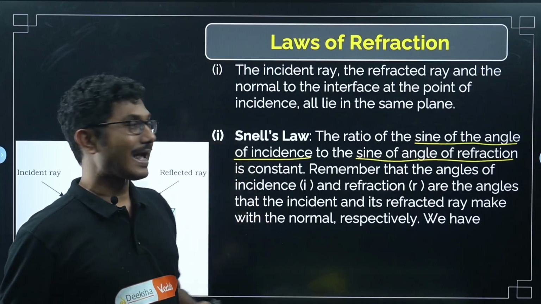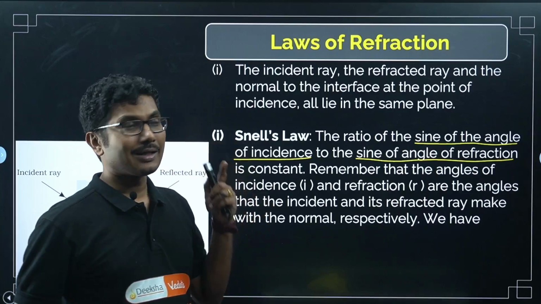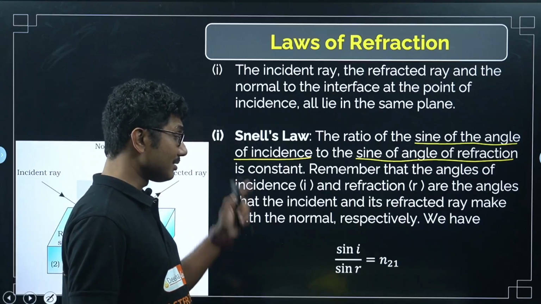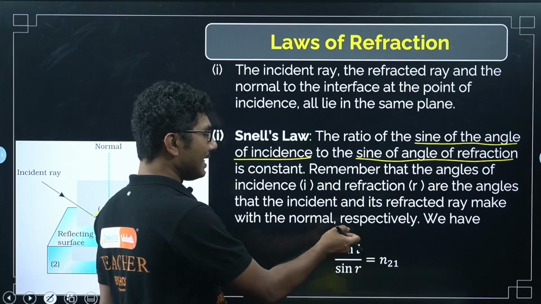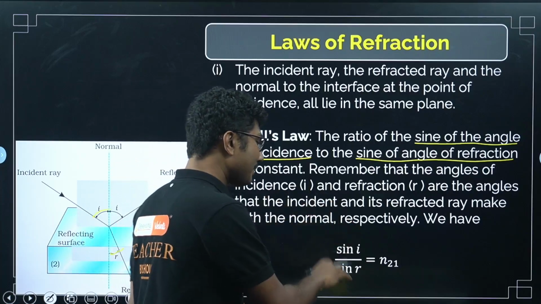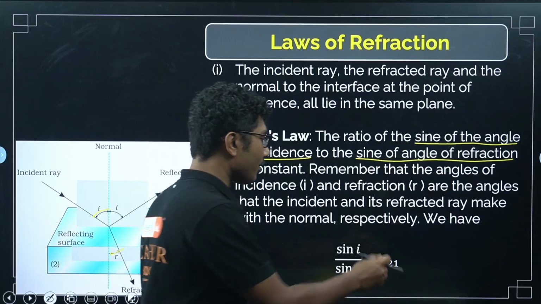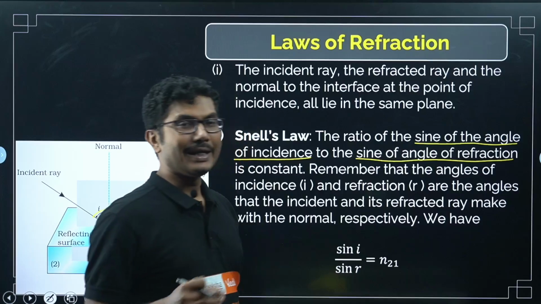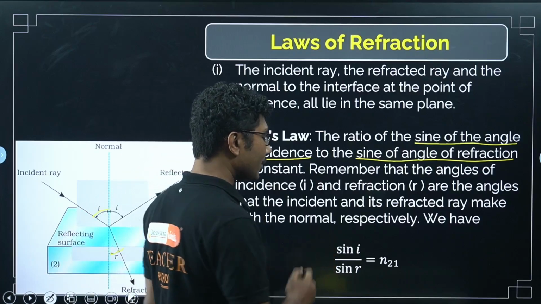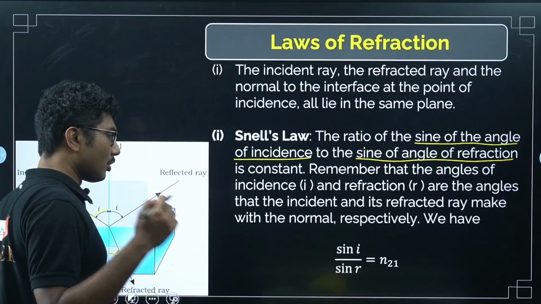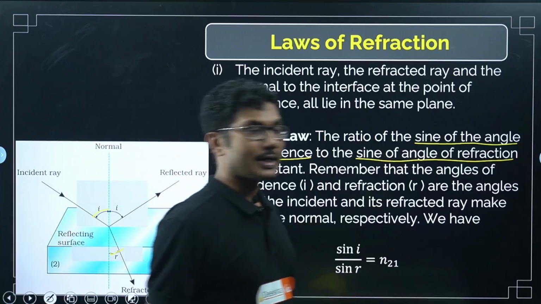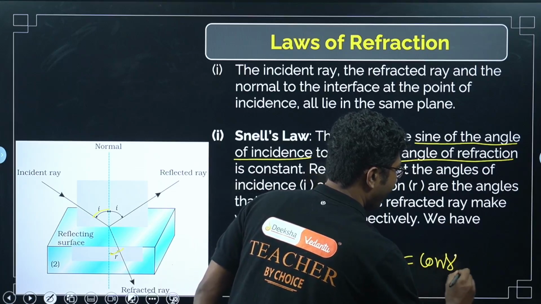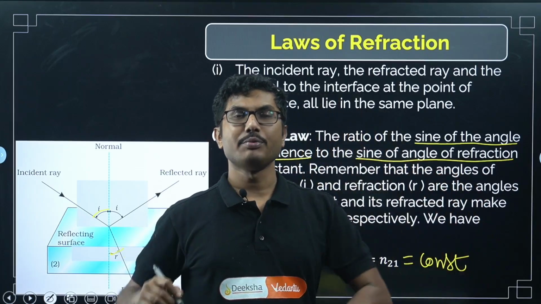Now if the incident angle is given by i and the refraction angle is given by r, then from this law we can write that sin i divided by sin r equals a constant, and that constant is represented by n21. What is n21? We will come to that in a short while, but the most important part is that this is a constant for a given pair of media.